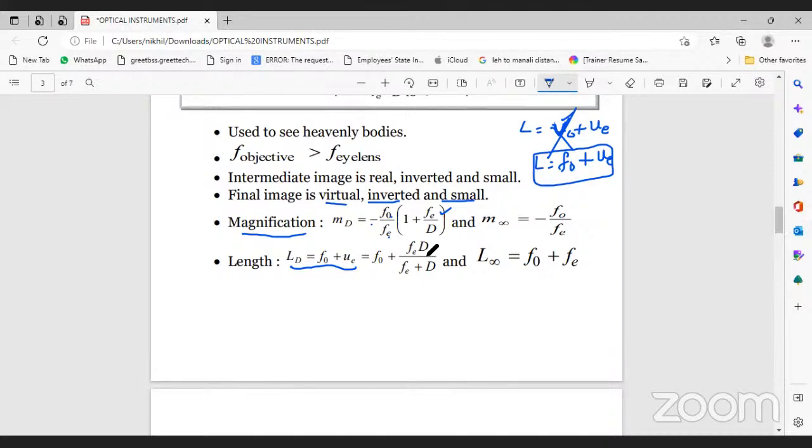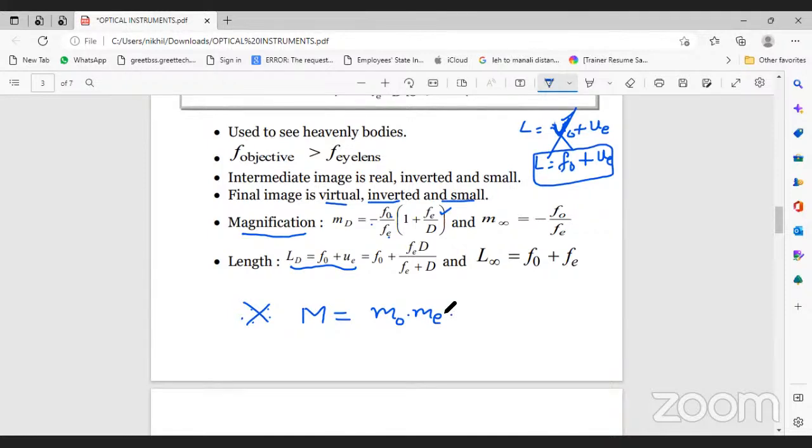So just remember one formula, and you can derive all those things. And one more formula you can remember, which helps in solving numericals. Magnifying power for the compound microscope or for the telescope is equal to the magnification of the objective lens into the magnification of the eyepiece.